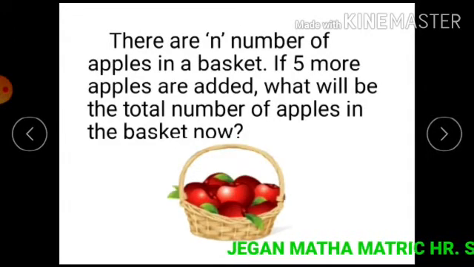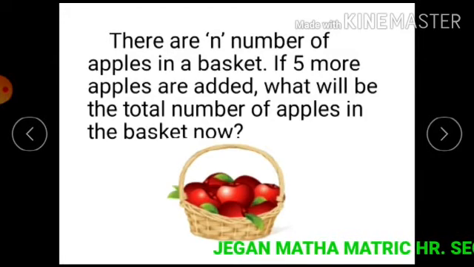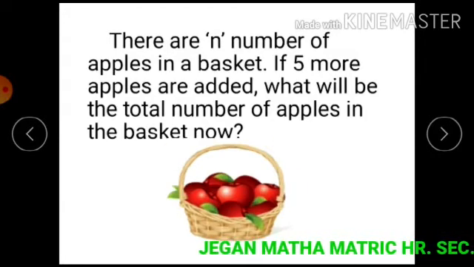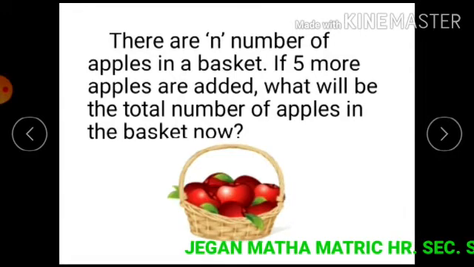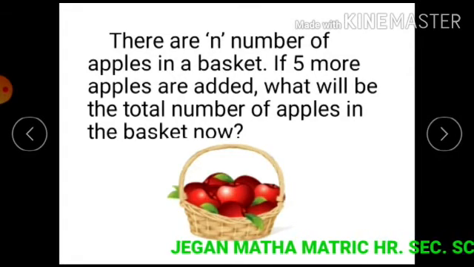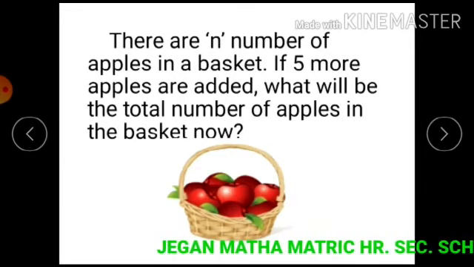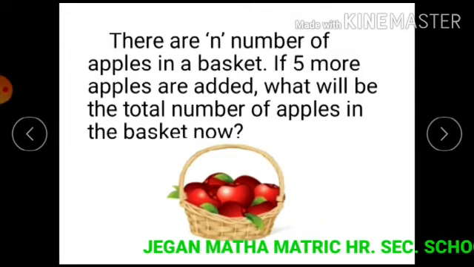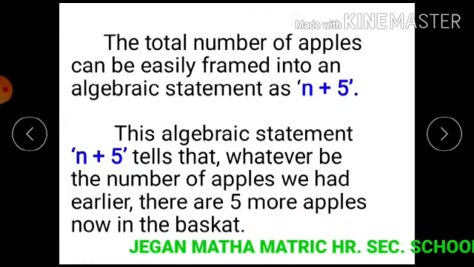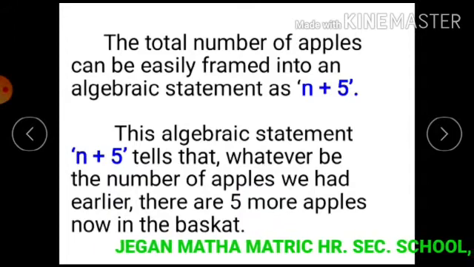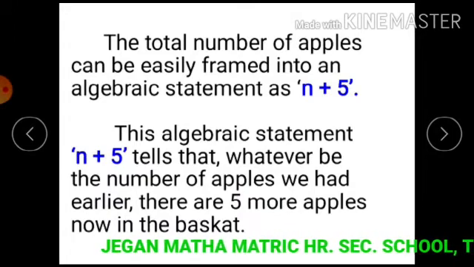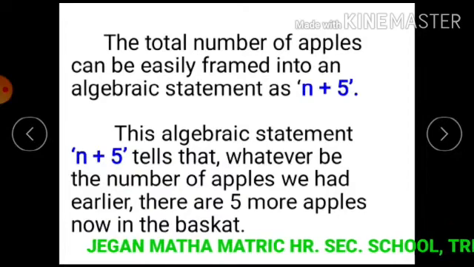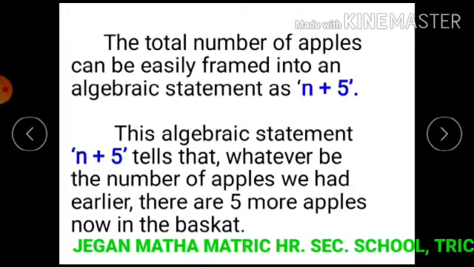Consider that there are n number of apples in a basket. If 5 more apples are added, what will be the total number of apples in the basket now? The total number of apples can be easily framed into an algebraic statement as n plus 5.